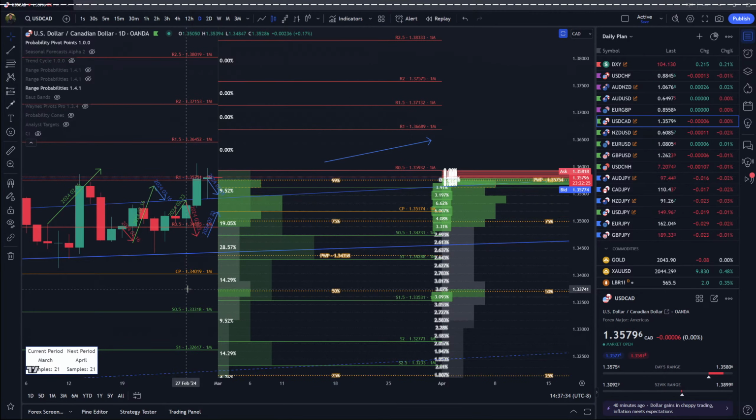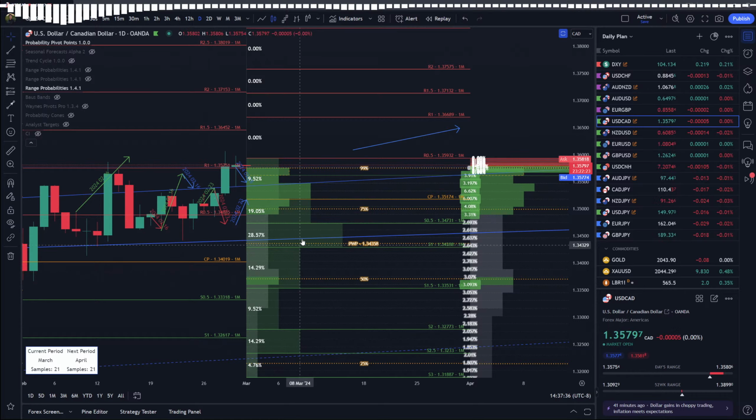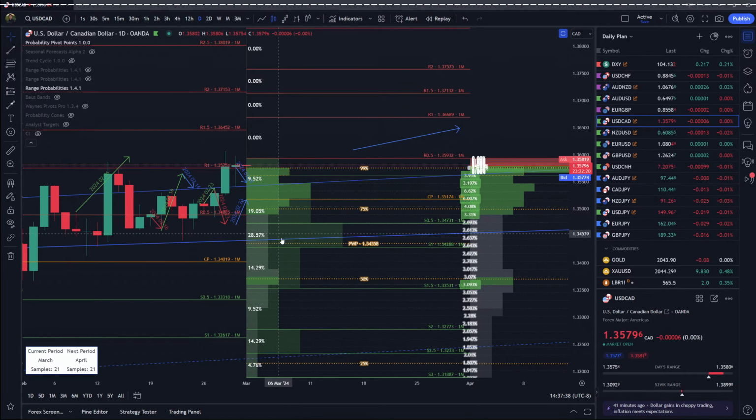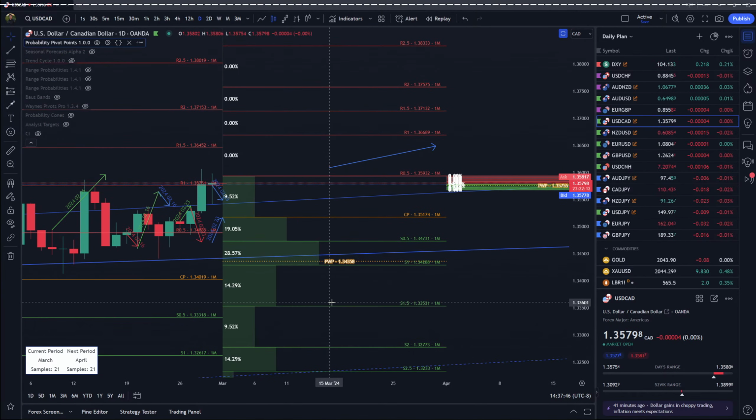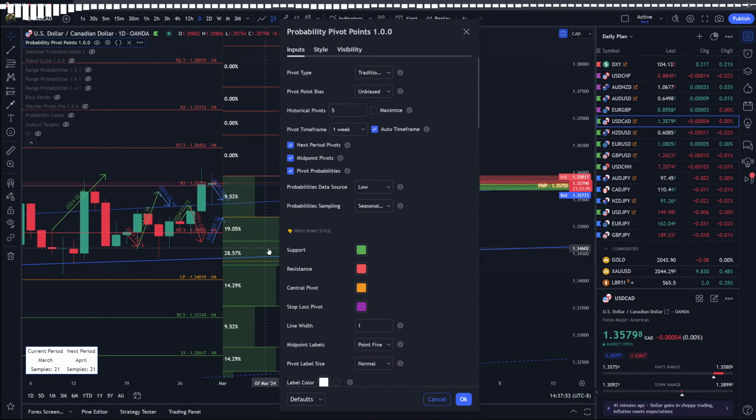Wow. These low odds are a bit more peaked this month around this spot here than they are generally in the distribution.